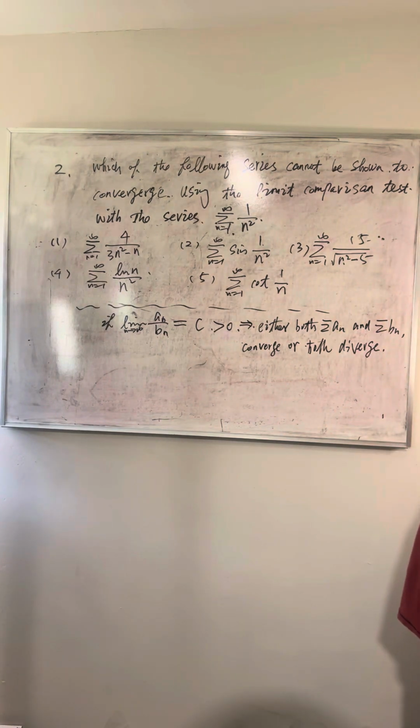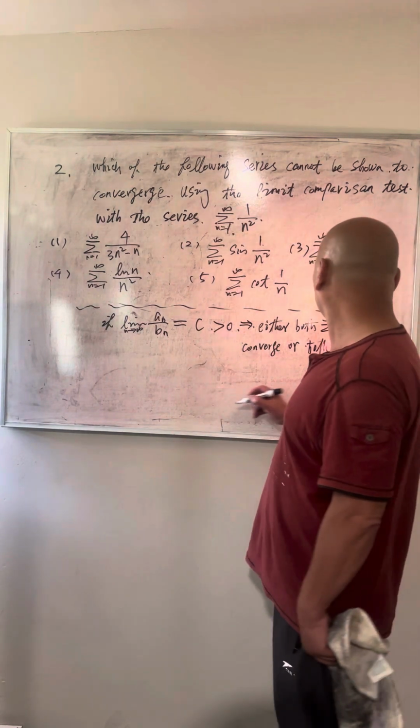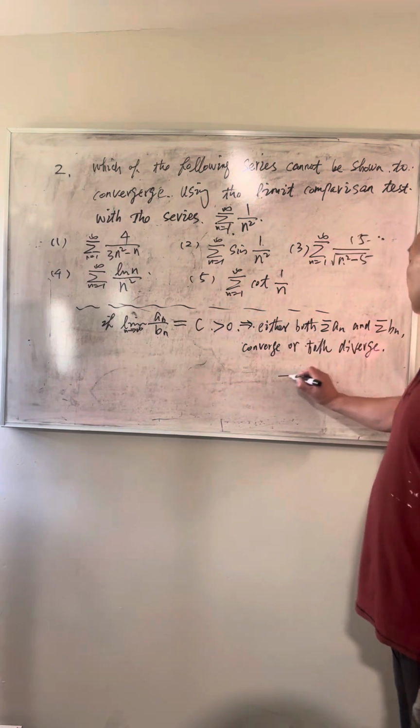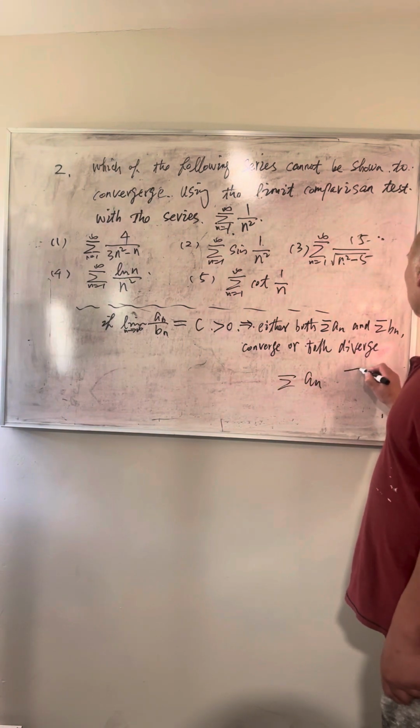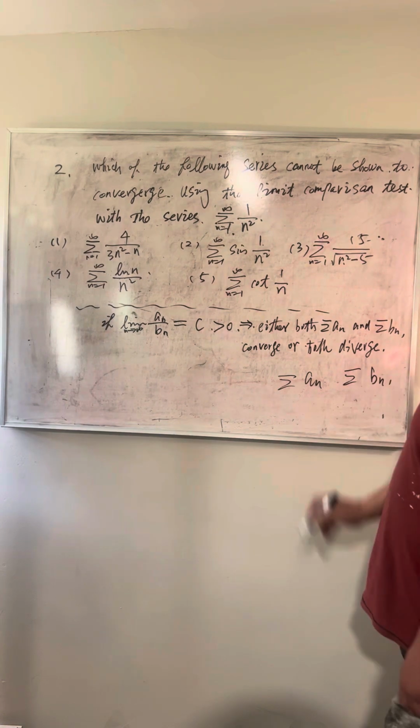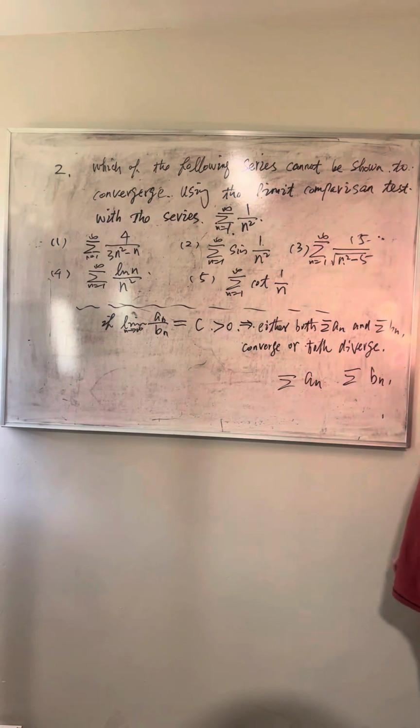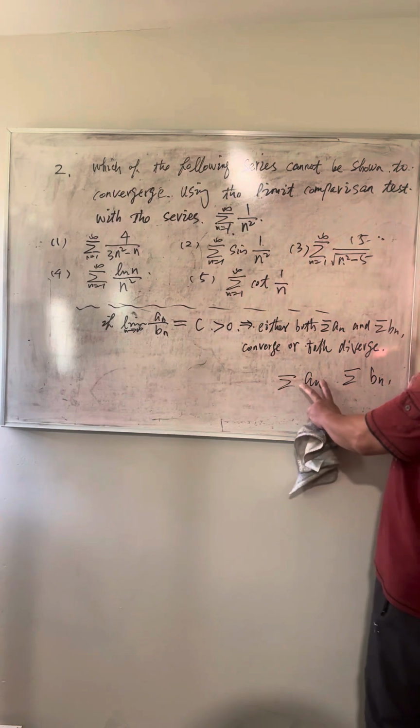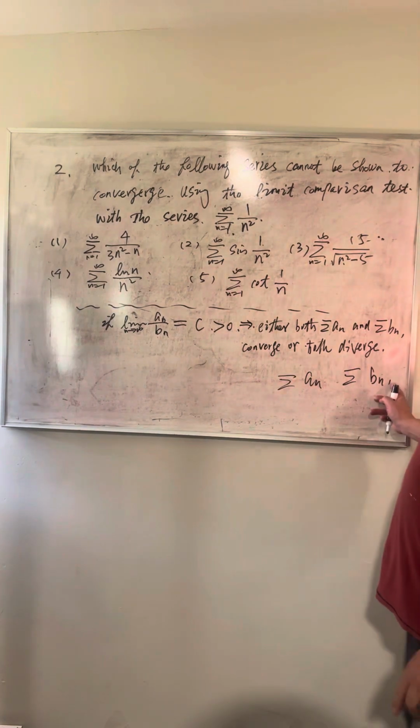That means two series, we compare each term an and bn and take the limit.